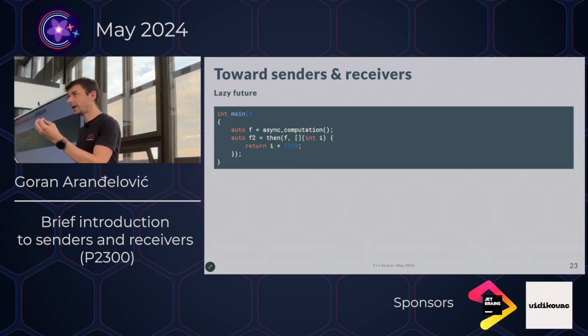So we created a lazy computation which is not yet started, and imagine that you have some algorithm called then, some function. In this case, this will be called an algorithm, and you can attach a continuation on it. So this is like what we had with std::future and calling .then on it, right? So far, it's the same piece of code.